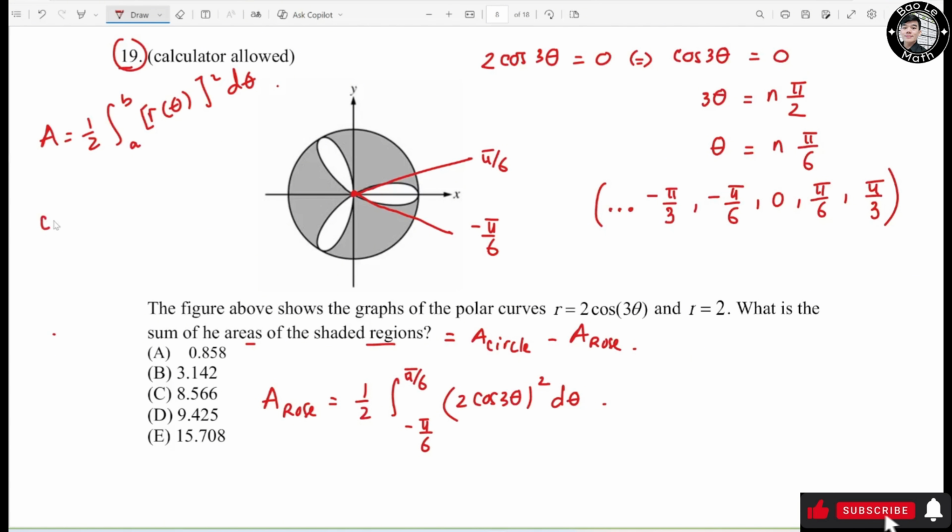Remember, cosine squared theta is equal to (1 plus cosine 2 theta) divided by 2. So this one is 3 theta, so this guy must be 6 theta. Keep that in mind. You have sine squared theta is equal to (1 minus cosine 2 theta) divided by 2. So keep that in mind.